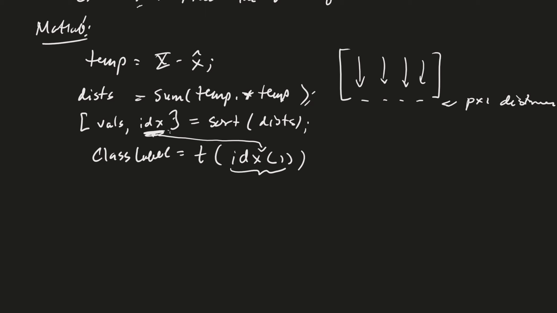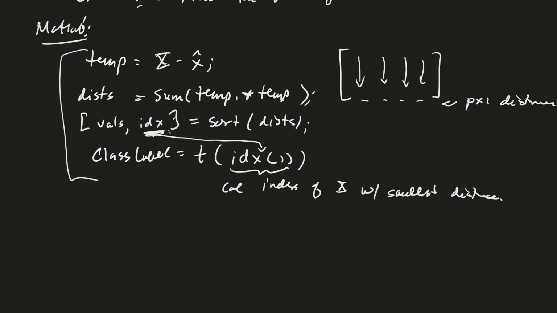This is the column index of X with the smallest distance. Good, and we're done. That's it. That is your one nearest neighbor classifier.